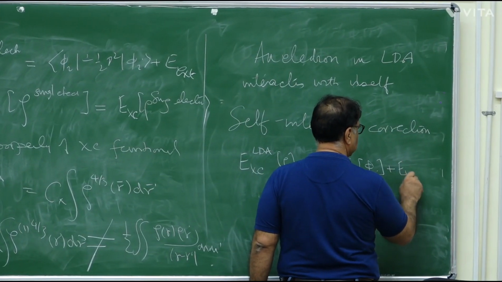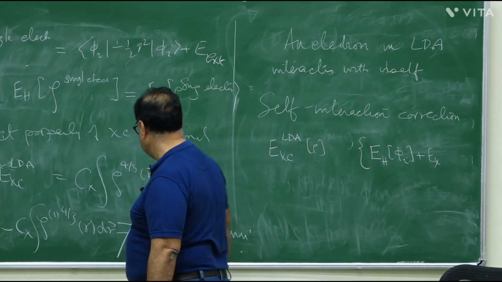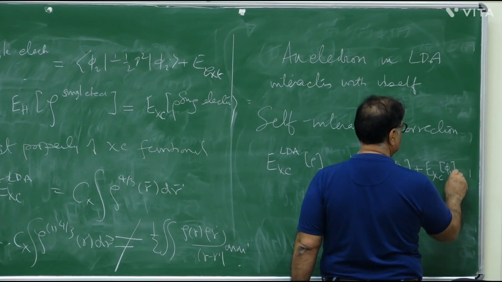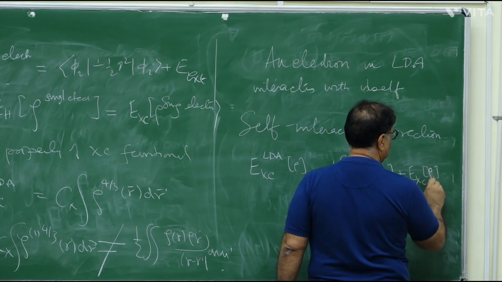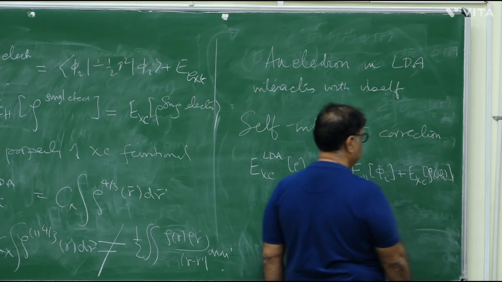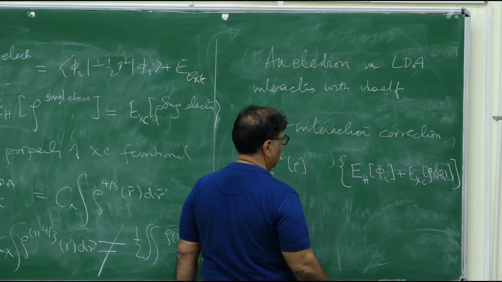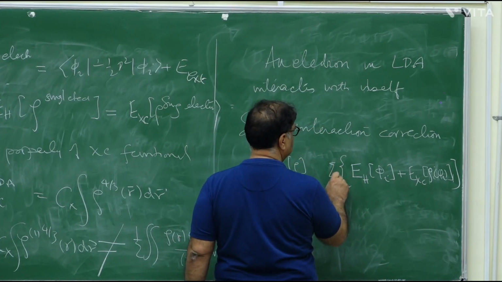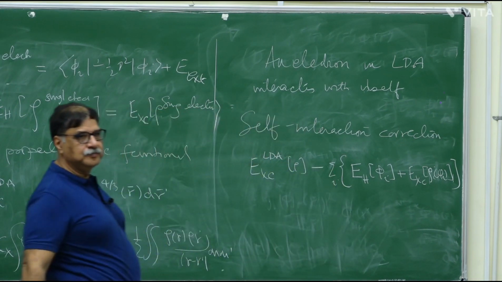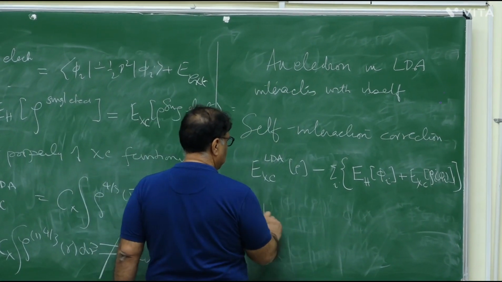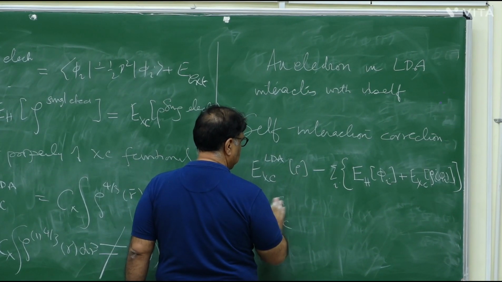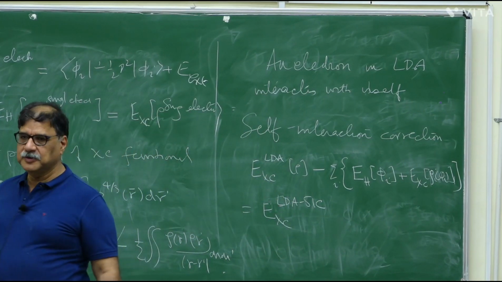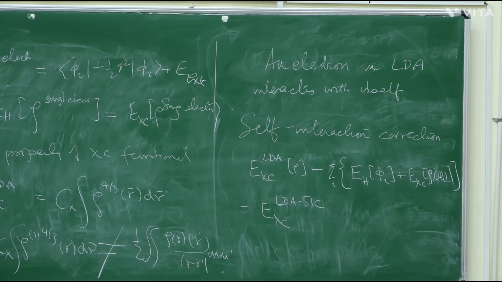Add to it E exchange correlation, with the minus sign, for a single orbital, rho phi I. Each orbital is going to have this much self-interaction. Sum it up over each orbital and subtract it. This is known as E XC LDA-SIC, local density approximation self-interaction corrected.